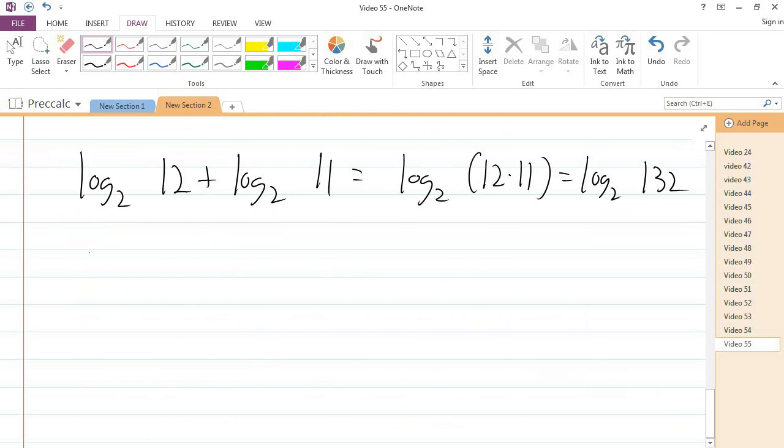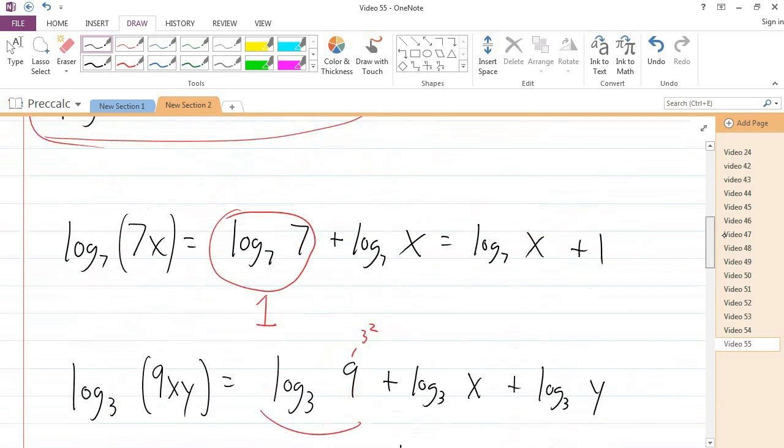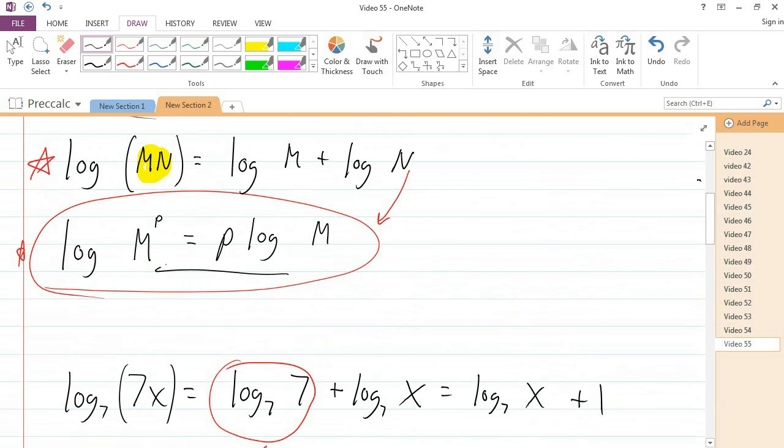I can also take something that's a little more meaty and write this as a single log. The 4 out in front becomes an exponent of the x. That's using this property in reverse.